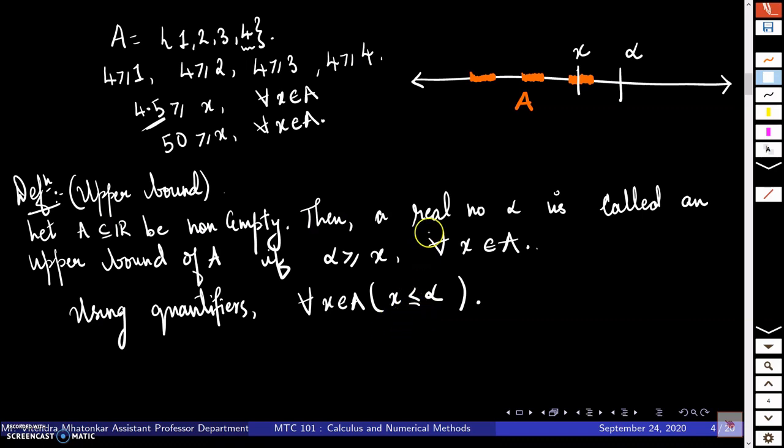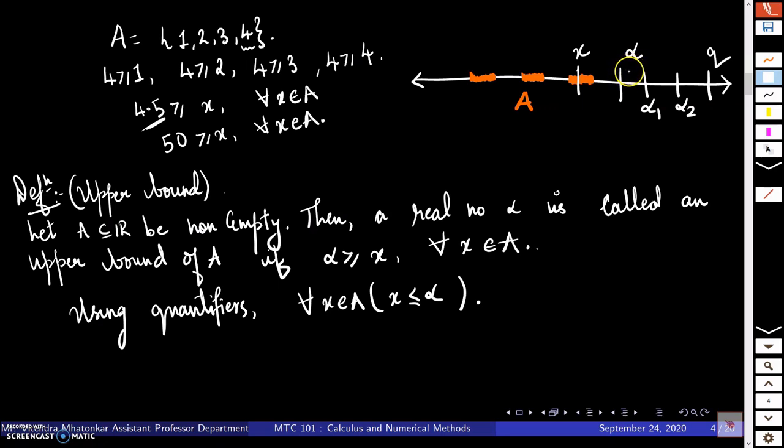Now one thing to note here is, if I have one upper bound alpha, then any number which is bigger than alpha, I can pick alpha 1 here on the number line, I can pick alpha 2, I can pick some other number, say q. So if alpha is an upper bound of a set, then any real number which is bigger than alpha is also an upper bound of the set.